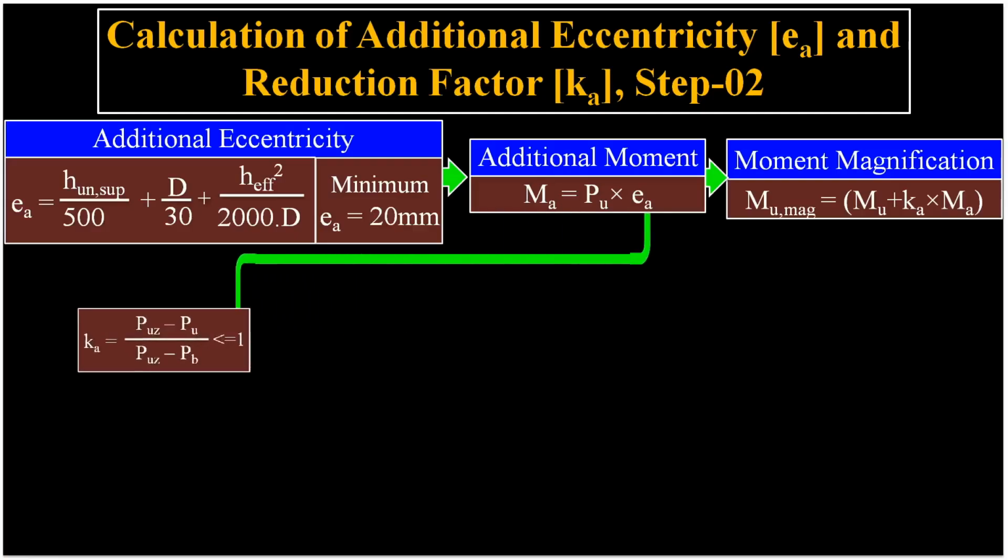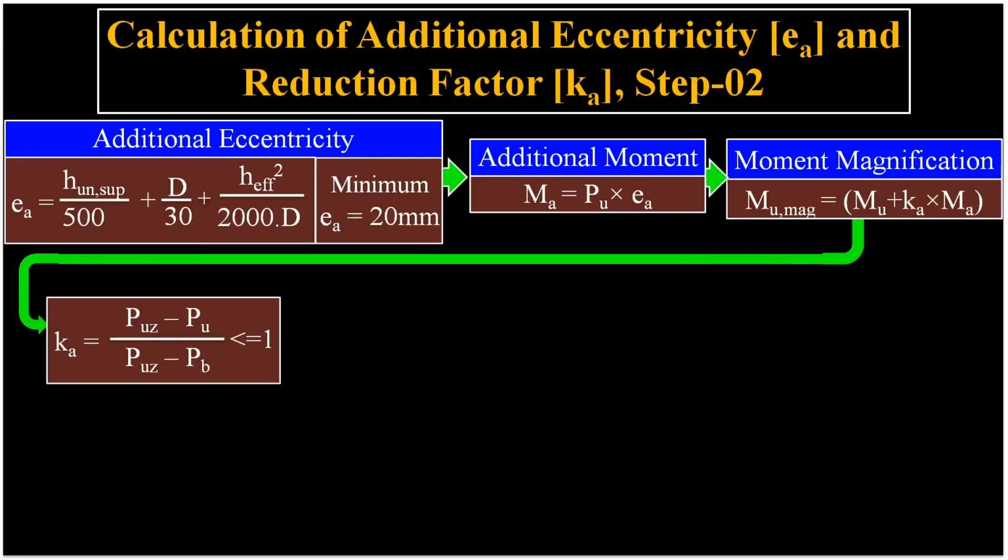Moment magnification factor, Ka. Now, we are seeing the formula for moment magnification factor Ka. Ka equals Puz minus Pu, whole divided by Puz minus Pb, and the value of Ka will always be less than 1.